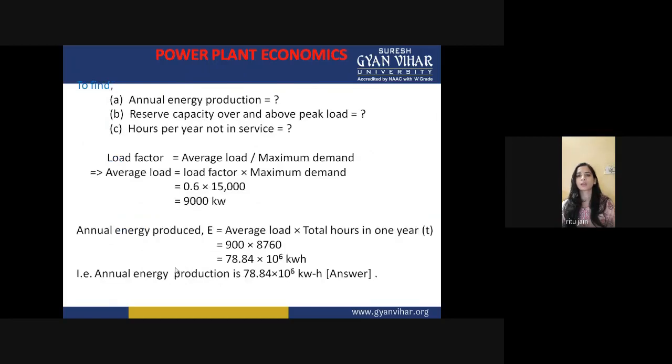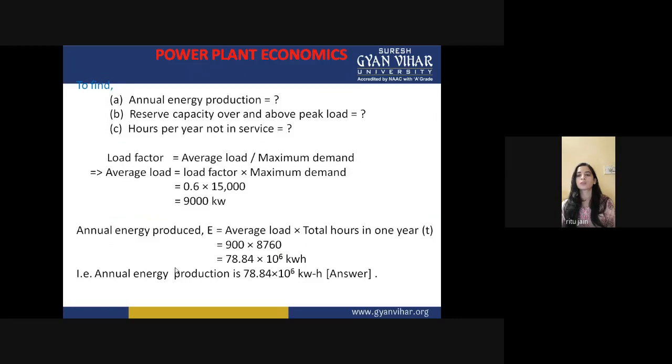So now we can solve this. First, you have to find out annual energy consumption in kilowatt hour, reserve capacity over and above peak load, hours per year not in service. Load factor is equal to average load upon maximum demand, and average load is equal to load factor into maximum demand.